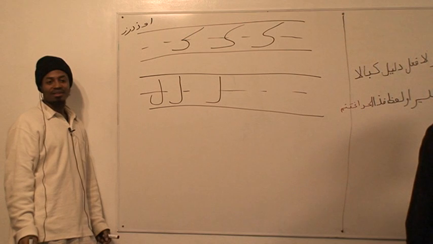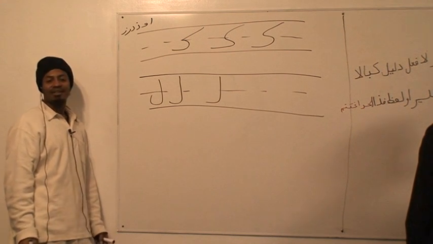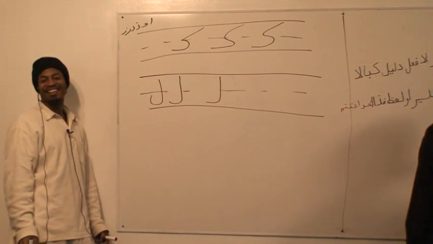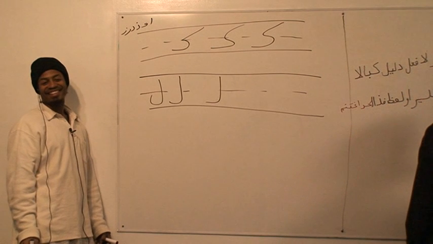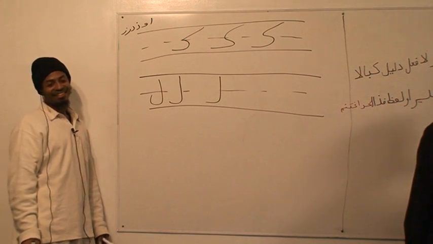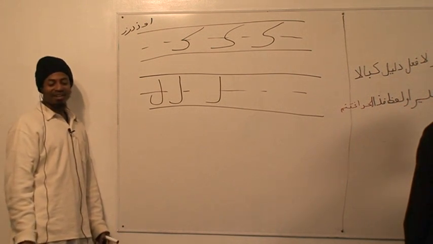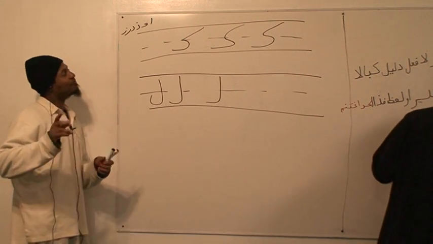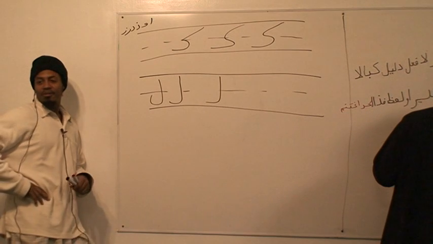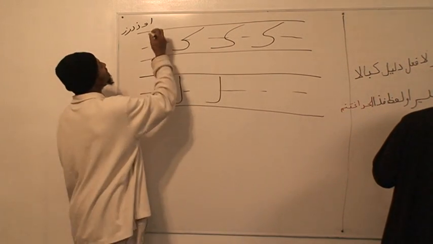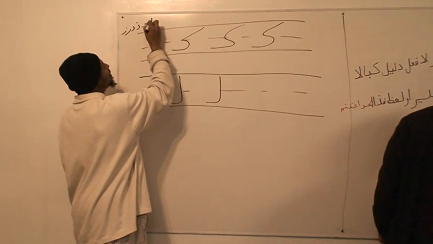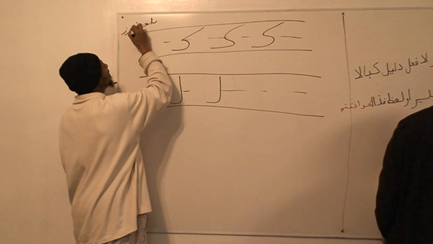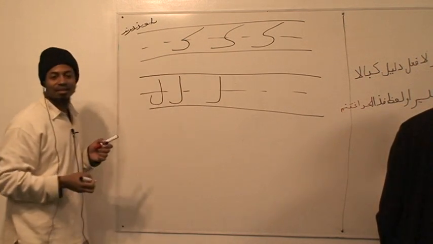Anybody else? Is there another one? You tell me. But waw connects from a letter before it. Every one of these connects to the letter before it. You can only sneak up to these letters from behind. But they will never connect.